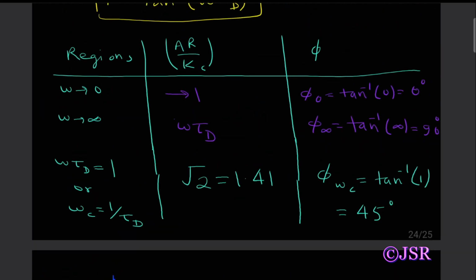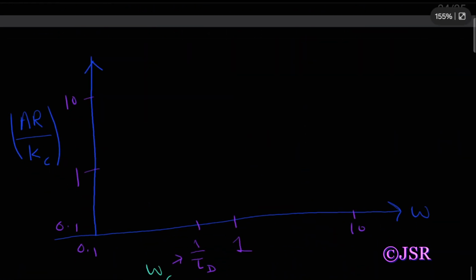and when omega tends to 0, we have AR by KC is equal to 1. So AR by KC equal to 1, when omega is less than corner frequency. So now let's draw a vertical line which pass through this corner frequency omega equal to omega c.